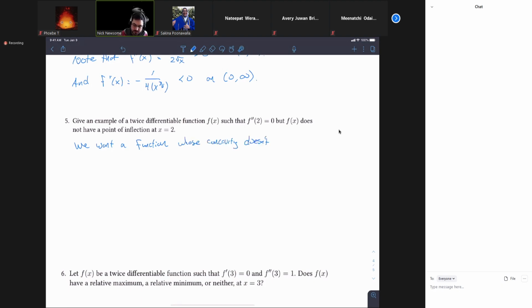So really what we're saying is we want a function whose concavity doesn't change at x equals 2.